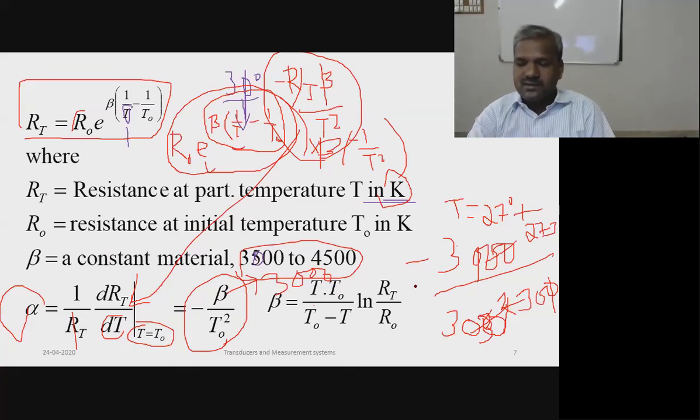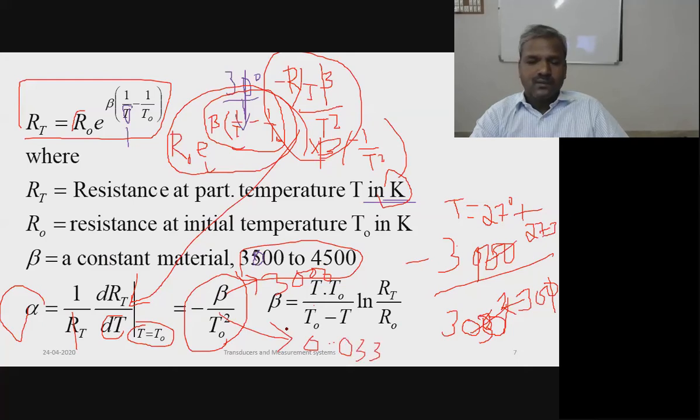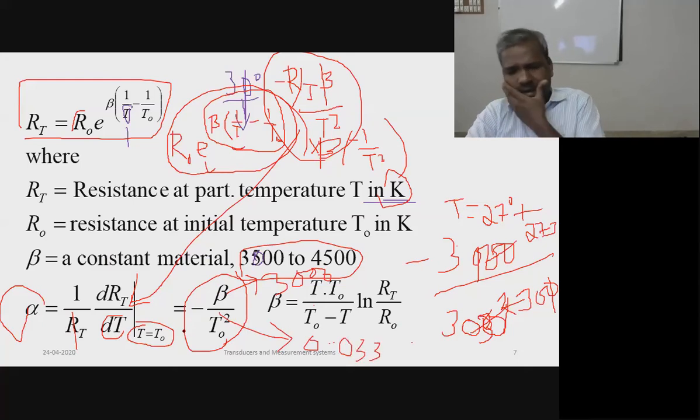Okay, the answer is 0.033. So this is the way of calculating alpha. If you want to calculate the beta value for given temperature and resistances, you can use this relation.